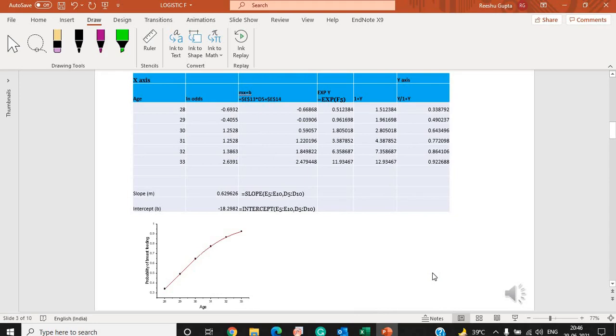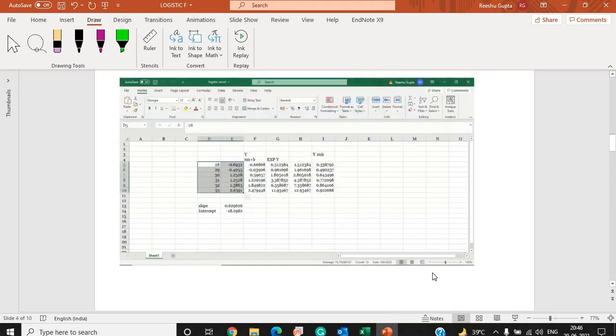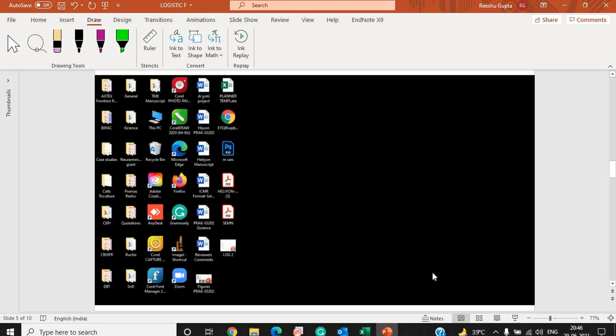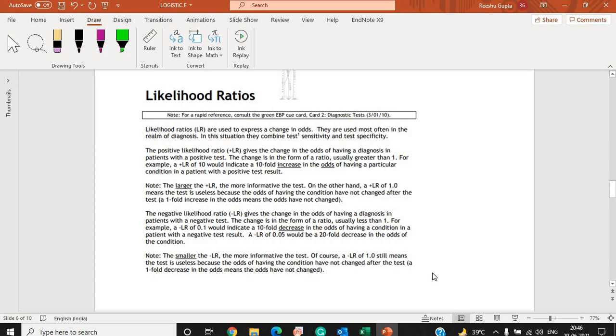This I already told you how to do, and this also I did. So now you can calculate the likelihood ratios. Likelihood ratios are used to express the change in odds. If the value of LR is greater than 1, then there are chances of a positive correlation between your outcome and the exposure.